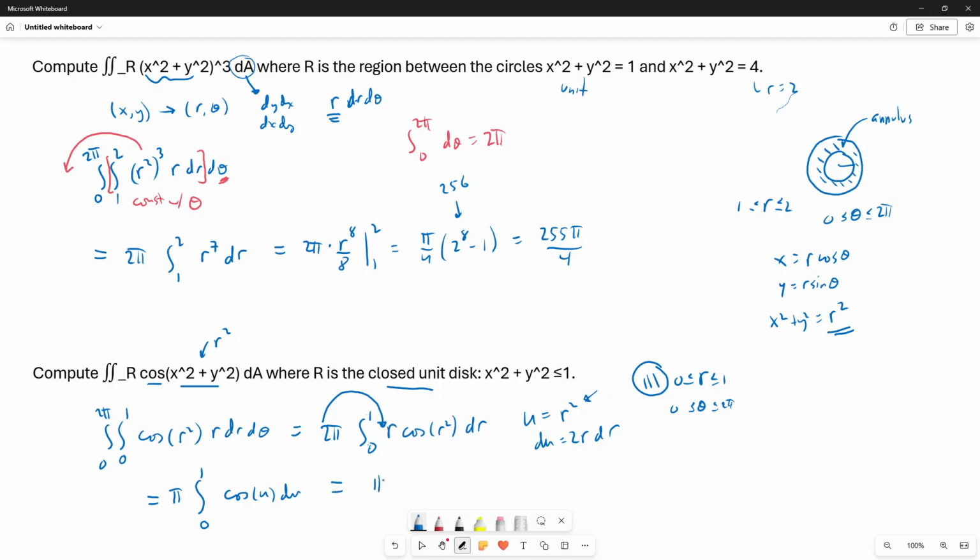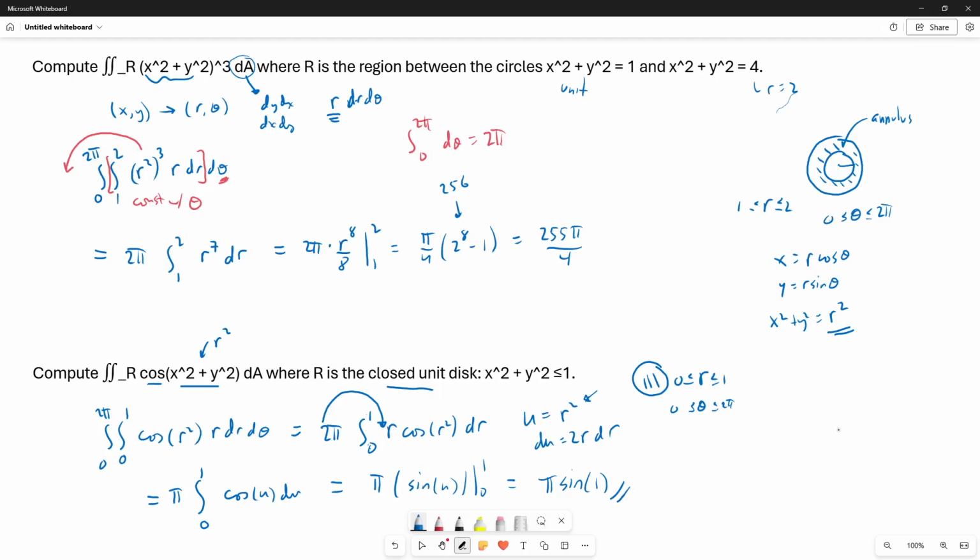So we get π times the integral of cosine, which is sin u from 0 to 1, and that's sin 1 minus sin 0, and the sine of 0 is 0. So we just get π times the sine of 1 as our answer.